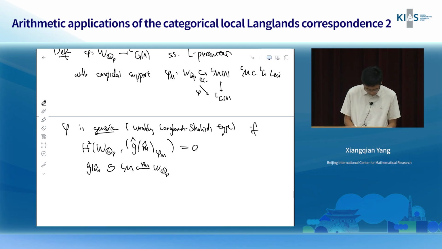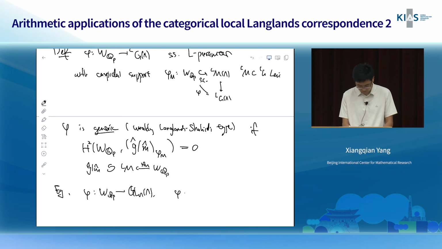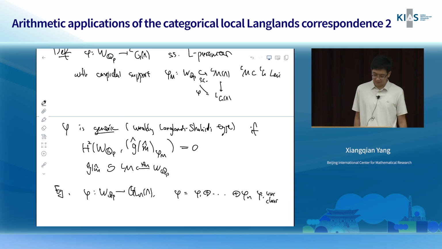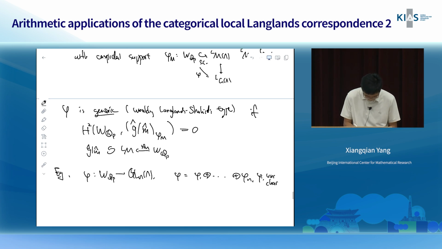Okay, and if, for example, phi is a parameter for GLn, and assuming that it's unramified and semi-simple, so it is a direct sum of characters, so phi_i are unramified characters, then this is generic if and only if phi_i is not equal to phi_j up to twist by 1 for any i not equal to j.